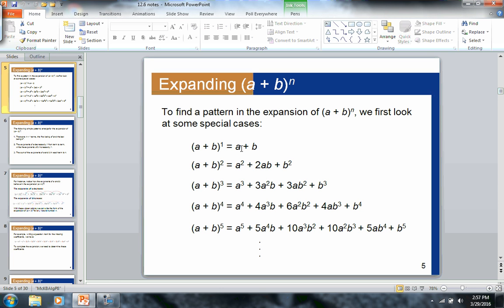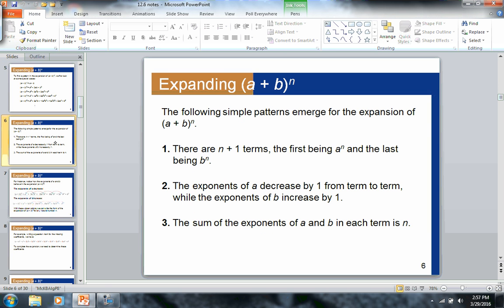Here a is to the first power, b is to the first power. Here a is to the second. Here if I add them, 1 plus 1 is 2, and that one is 2, and then 3. So I have a to the third, and then 2 plus 1 is 3, 1 plus 2 is 3, has a 3. So any individual term has a sum of n. The sum of the exponents is n.